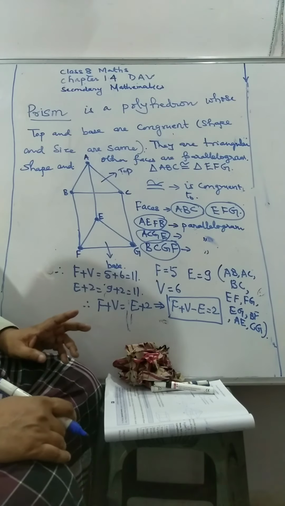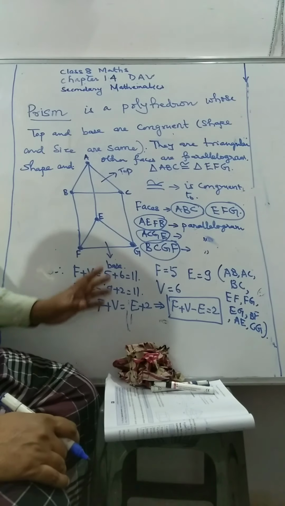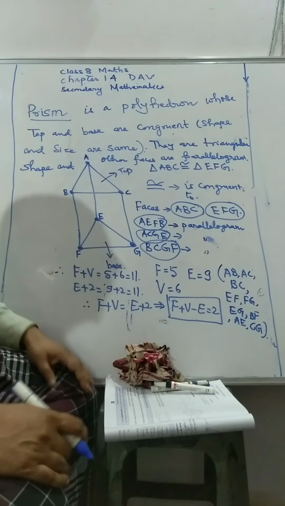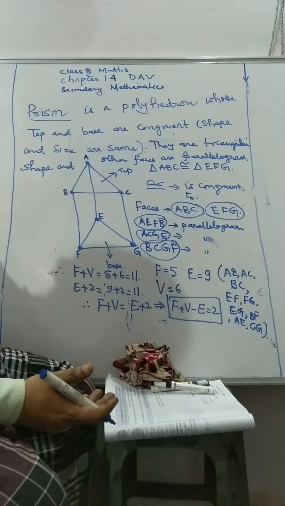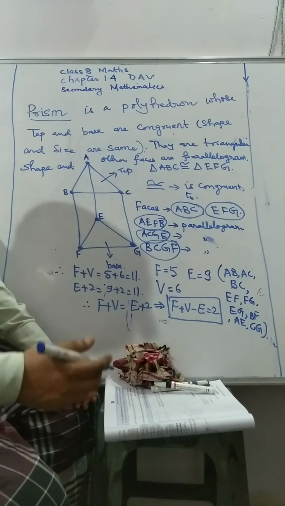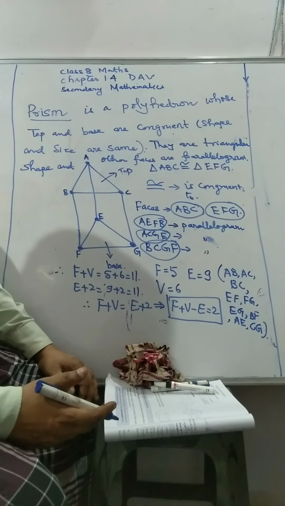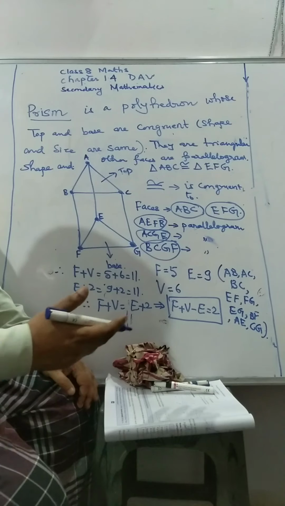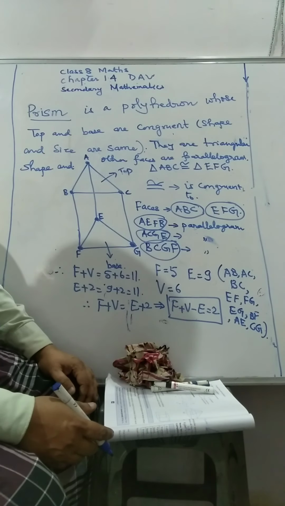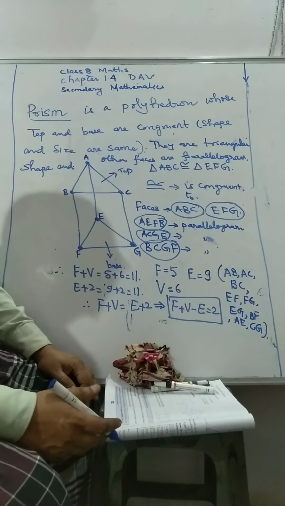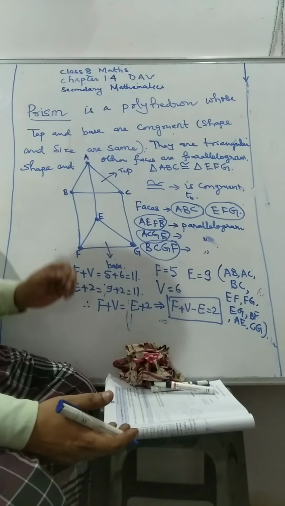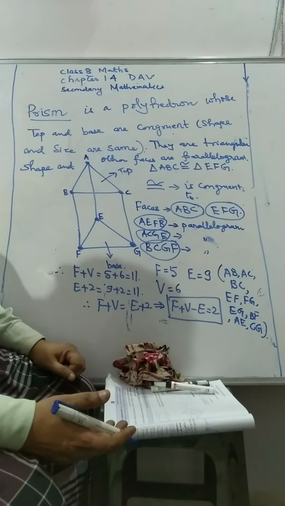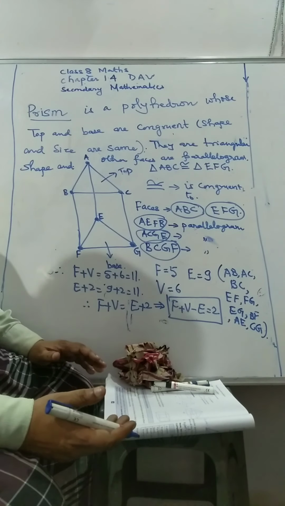Prisms are made with the help of transparent glass or transparent plastic. We know that if a ray of light passes through a prism, it divides into 7 colors: violet, indigo, blue, green, yellow, orange, red.